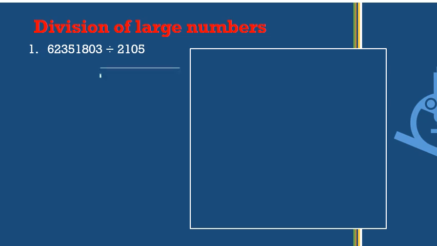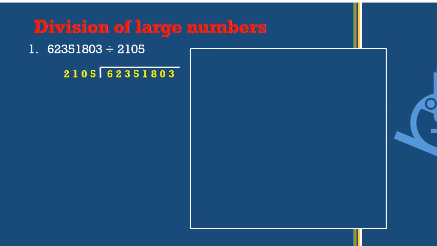Let's see. Children, in this case, 2105 is the divisor and 6 crore 23 lakhs 51,803 is the dividend. Now, since there are 4 digits in the divisor, so we will take 4 digits in the dividend also. So, it will be 6235.